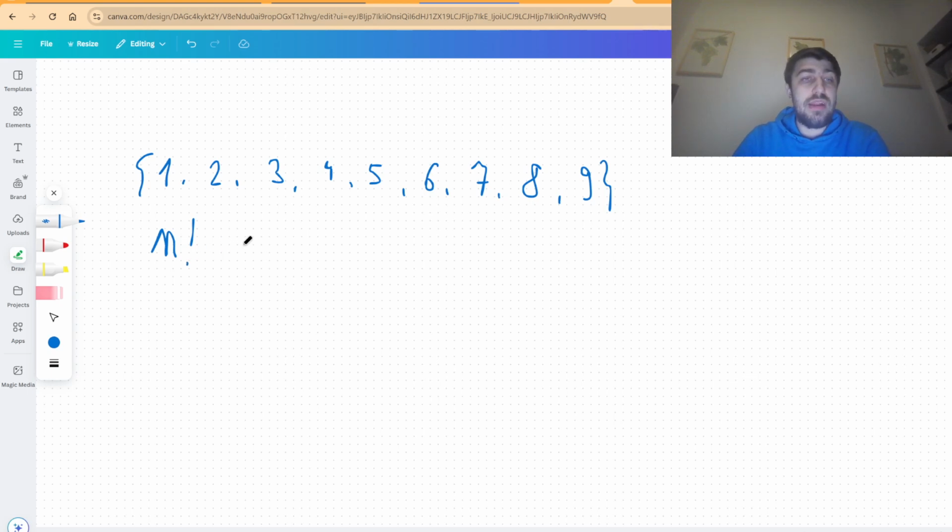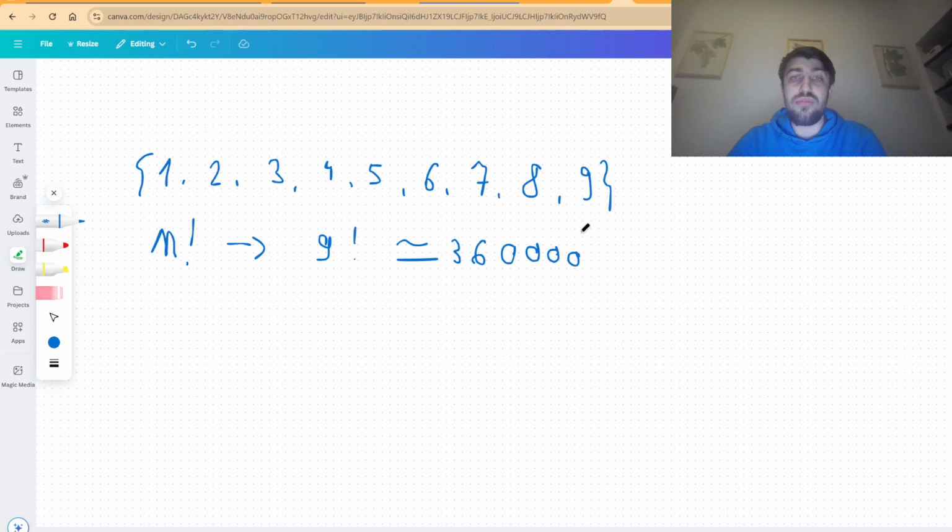And here, because we have 9 digits, 9 factorial is around 360,000. So not a very big number.